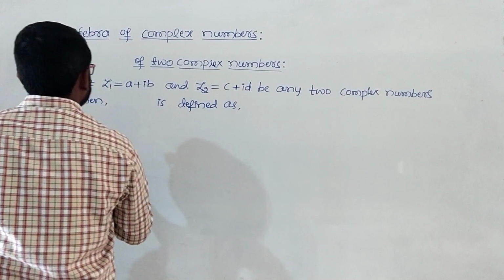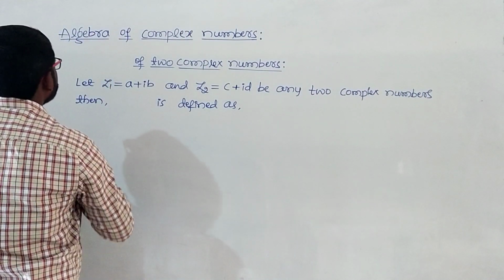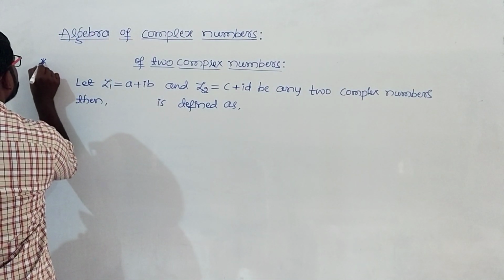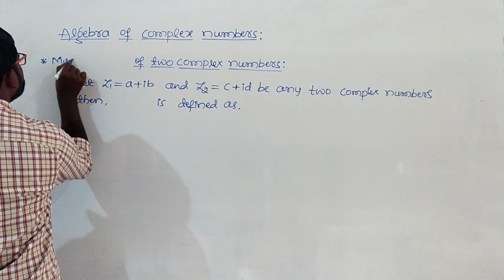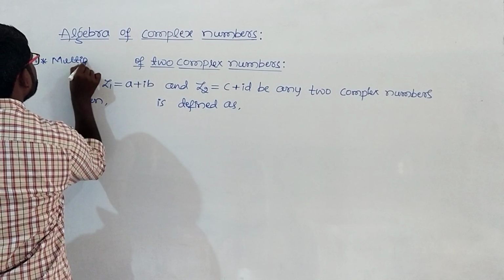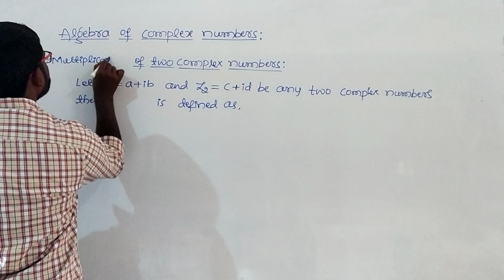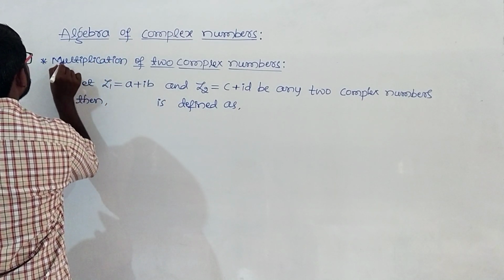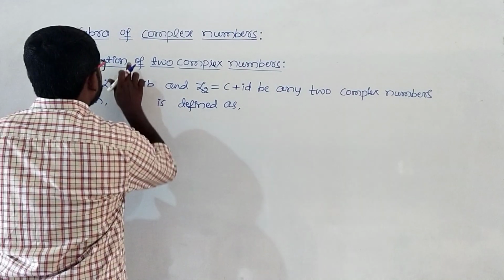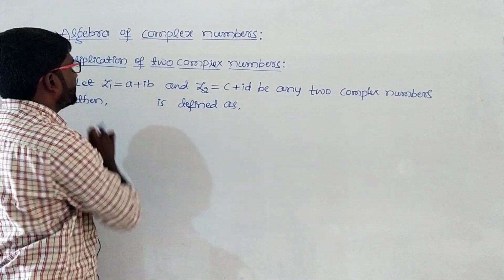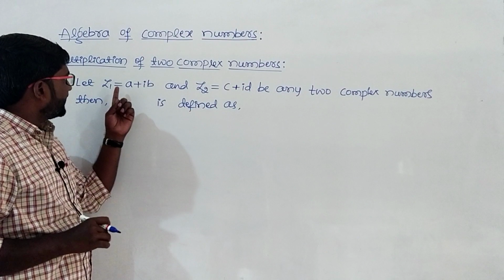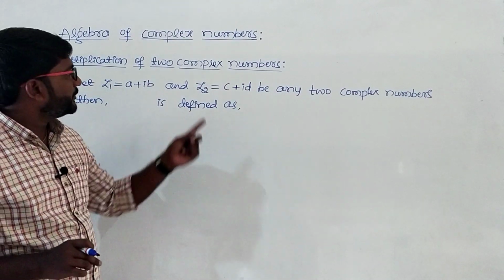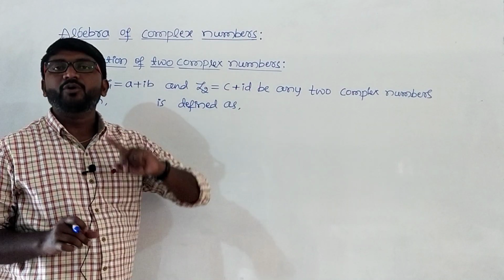Here I have taken Z1 equal to A plus iB and Z2 equal to C plus iD, be any two complex numbers.